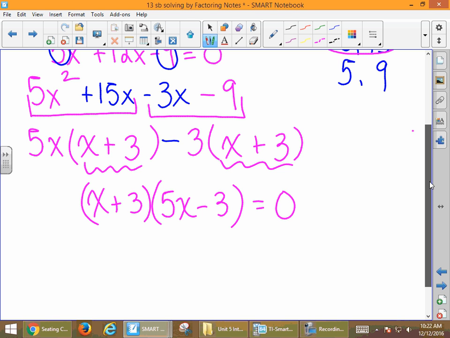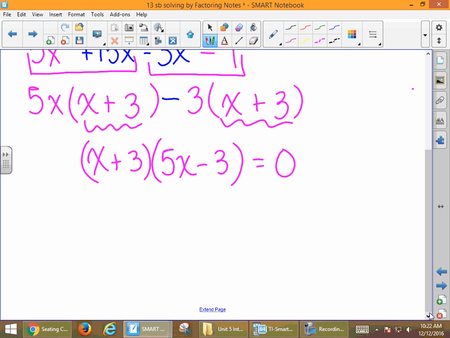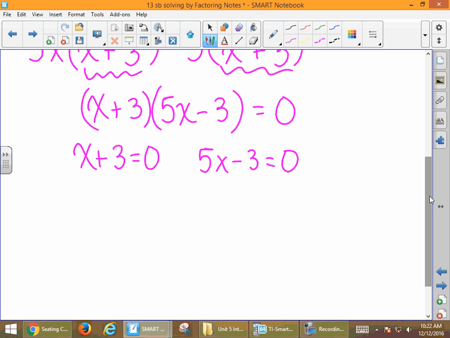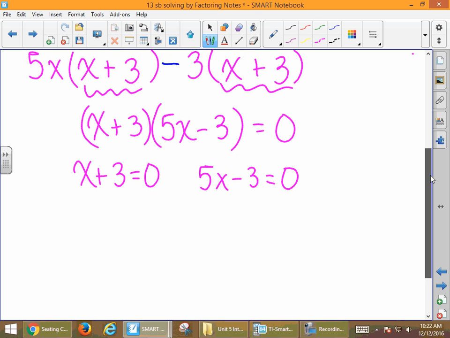So now, what's going to happen is we need to solve. We need to use the zero product law. And what the zero product law says is that either x plus 3 equals 0, or 5x minus 3 equals 0, or they both equal 0, and we solve.